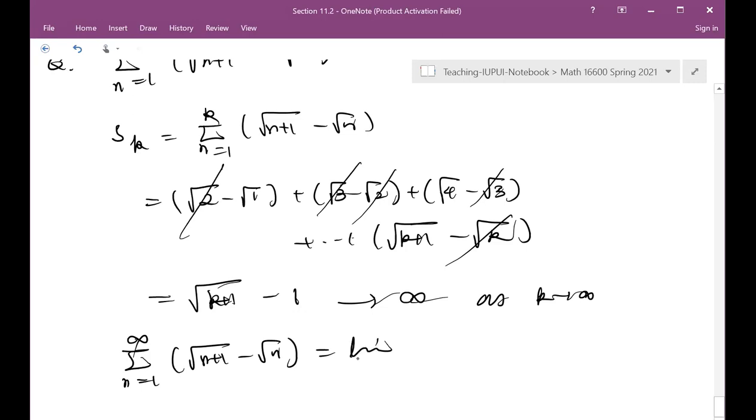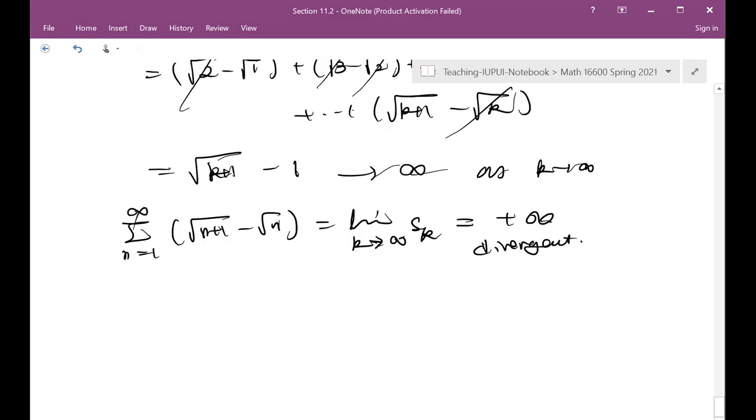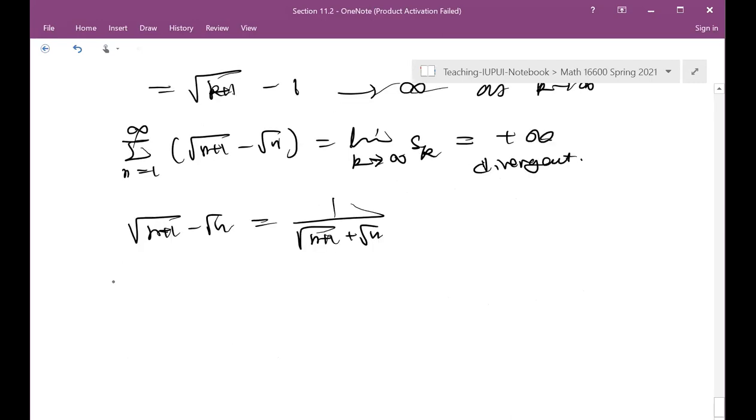This is the limit as k approaches infinity, and this is going to be positive infinity. And you can say that it's divergent. Now, if you rationalize this term, if I give you the problem like that, maybe you have trouble to figure it out.